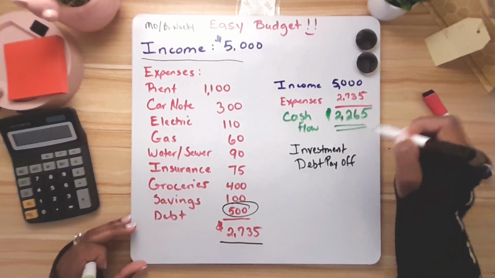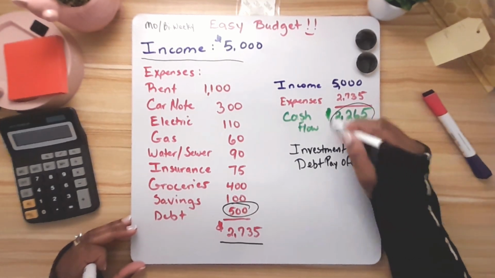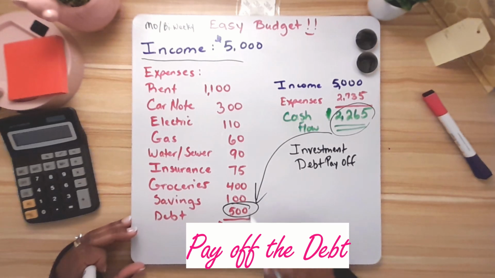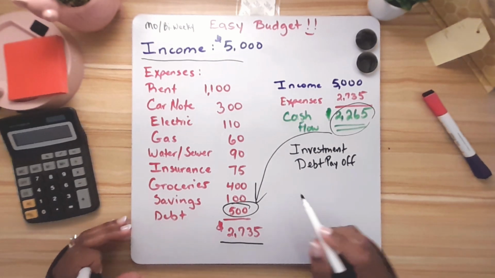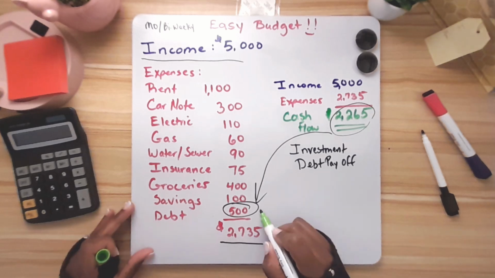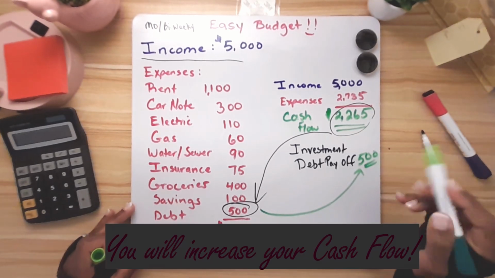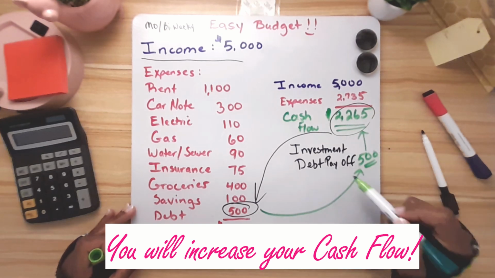We could take all or a very sizable chunk of this cash flow and start to knock this debt out, because then what will happen once you pay off this debt, guess what? That $500 amount will now become cash flow, and this will boost this amount by $500.